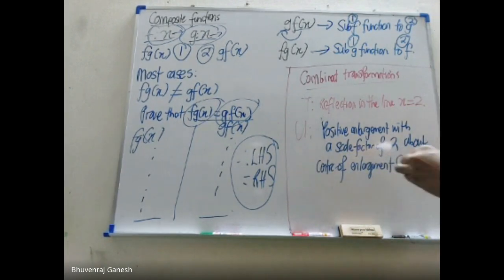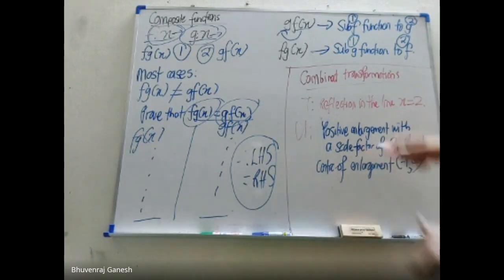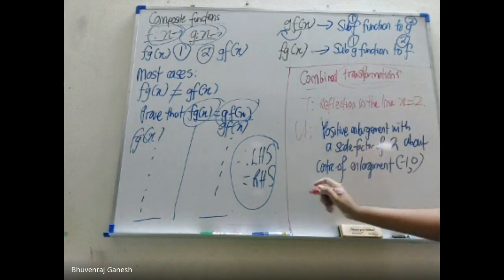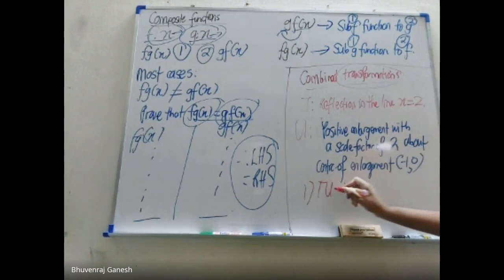Say they ask you, number 1, find the coordinates of the image under the transformation TU.